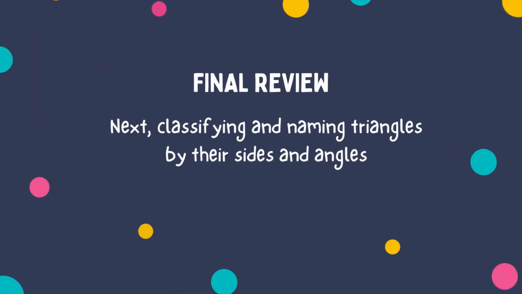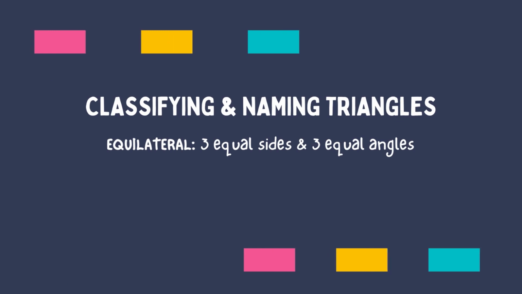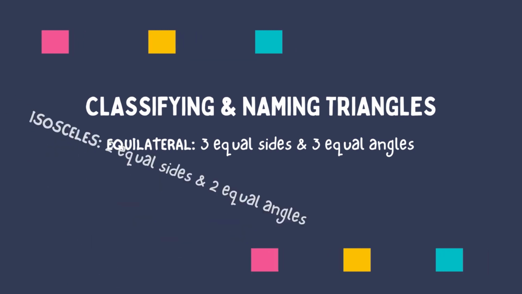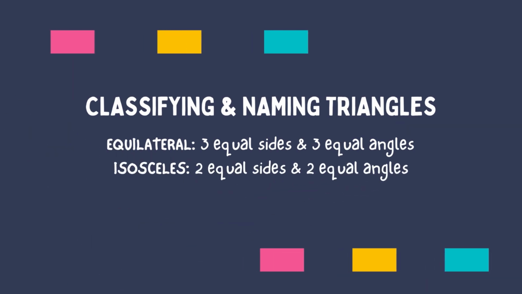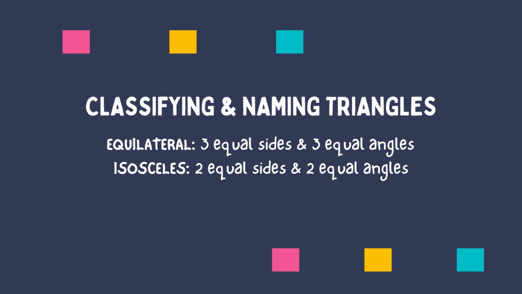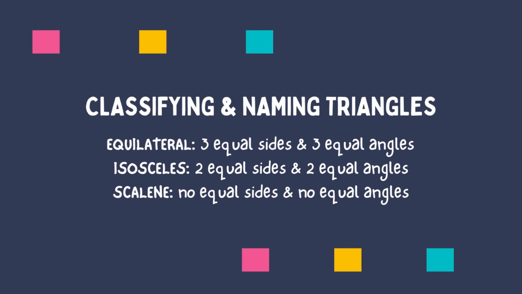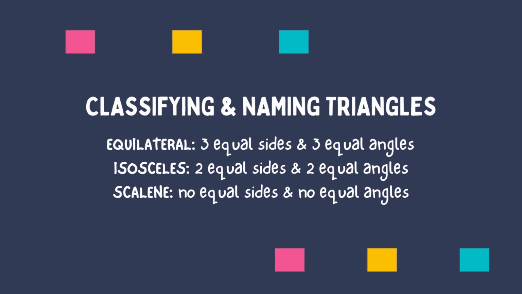Next, we learned how to classify and name triangles by their sides and angles. Triangles with 3 equal sides and 3 equal angles are called equilateral triangles. Triangles with 2 equal sides and 2 equal angles are called isosceles triangles. Triangles with no equal sides or angles are called scalene triangles.